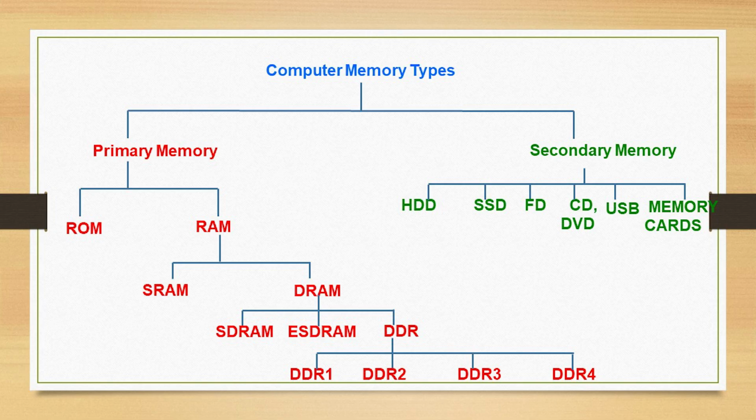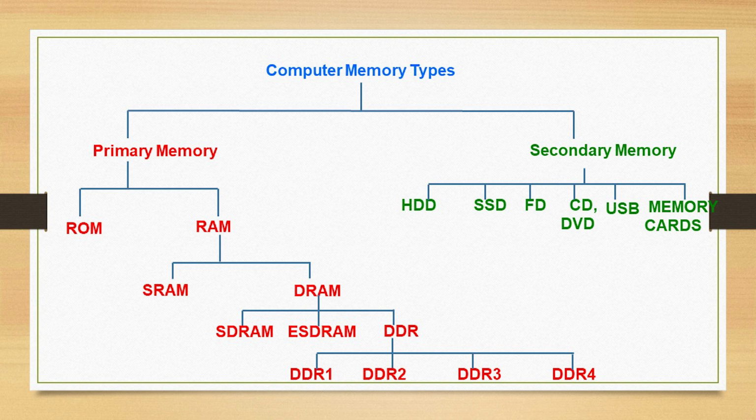So, this diagram gives an overview of different types of computer memories that are used. Primary memory can be classified as ROM, that is the read-only memory, and RAM, that is the random access memory. Random access memory can further be classified as static RAM, that we call SRAM, and dynamic RAM, that we call DRAM.